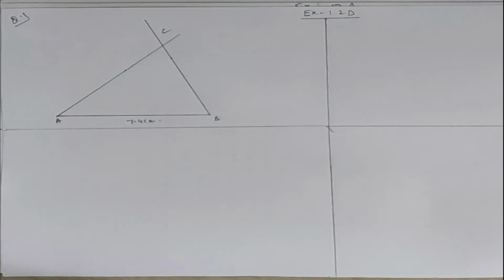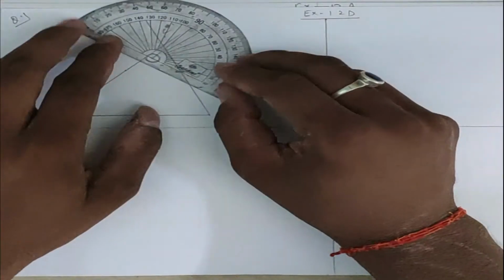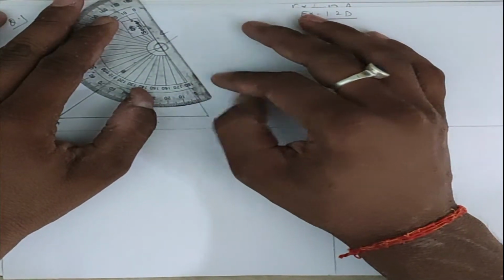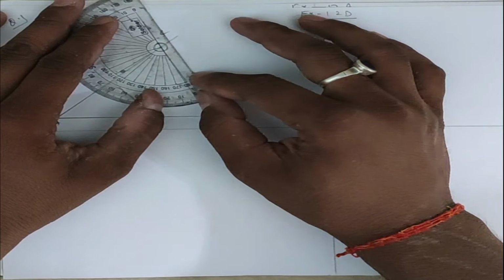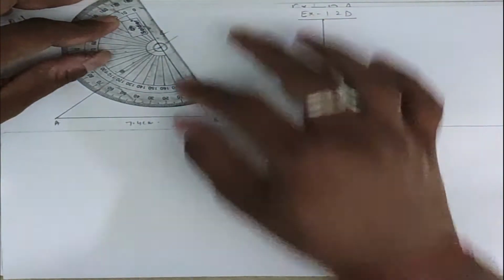Now what they have asked, we need to measure the third angle, that is angle BCA or ACB, whatever we say, means angle C we need to measure. Now the angle C we will measure like that. Okay, that is 65 degree.